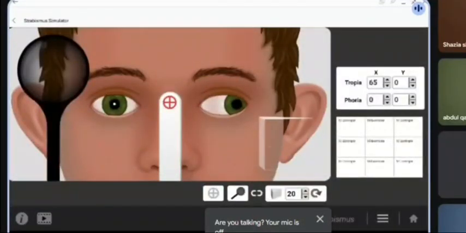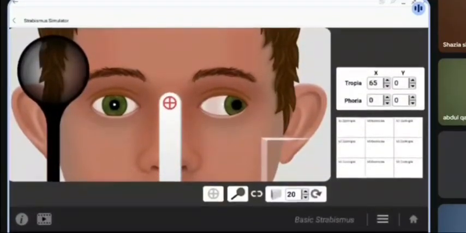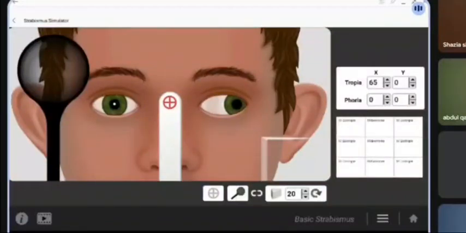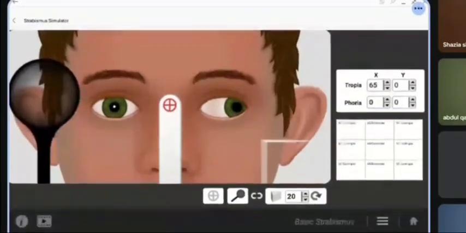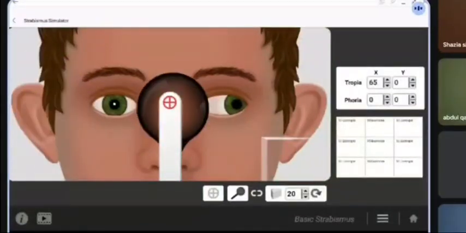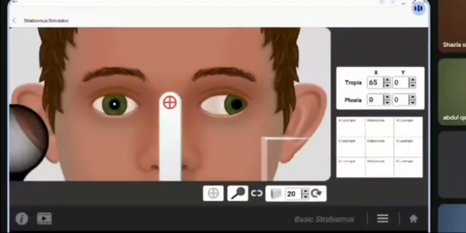So now you can see, and here we don't have access for distance and near. It all comes under a near one. So here, can anyone say what kind of squint or what kind of deviation the patient has? You can put it in your comment section if it is possible.